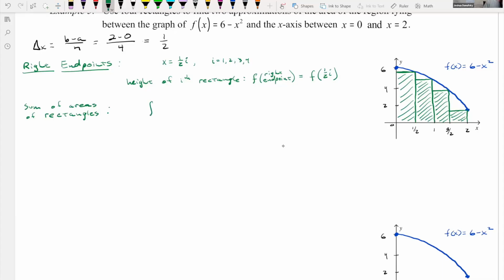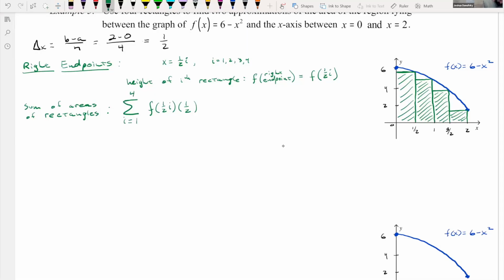So I'm going to have the height f of 1/2 i times the width, which is 1/2. This is height, that is width. We multiply those. When i equals 1, we'll have the area of the first rectangle. When i equals 2, we'll have the area of the second rectangle. When i is 3, we'll have the area of the third rectangle, and so on and so forth. And then we want to add them up. So we're going to put a sum i equals 1 to 4.